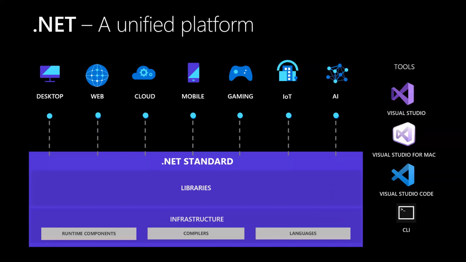I'm not going to go through that whole history, but we're really trying to get to a point with .NET 5, which comes out in November, and with .NET 6, which comes out the following November and is the long-term support version, where you can start writing your code and know that it's going to run on any of these platforms, no matter what you're doing with it.